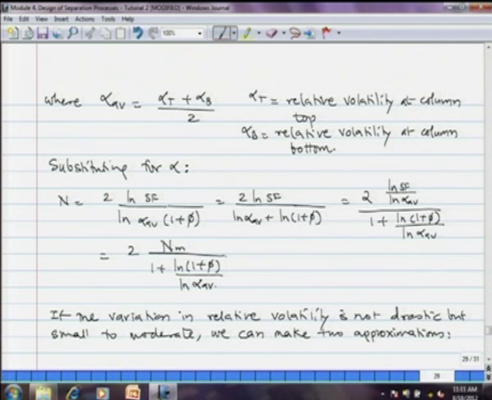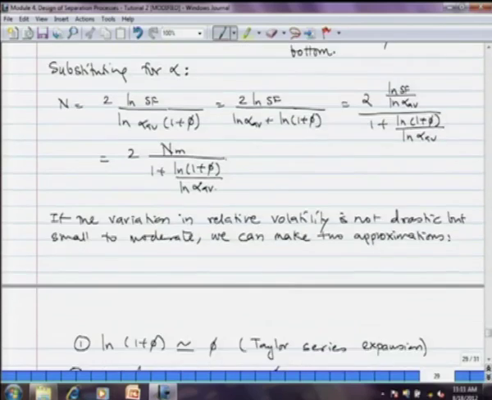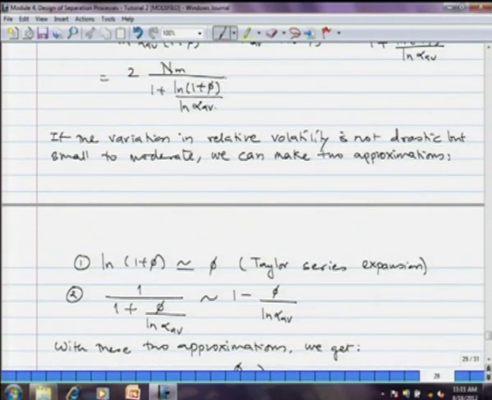So, we have N is equal to 2 times Nm, the minimum plates, where Nm is ln SF divided by ln alpha AV, divided by 1 plus ln 1 plus phi divided by ln alpha AV.